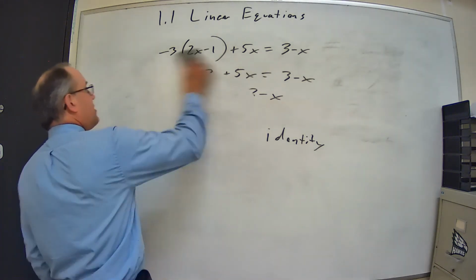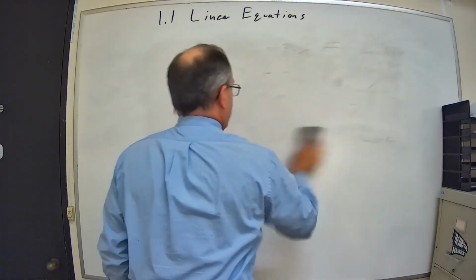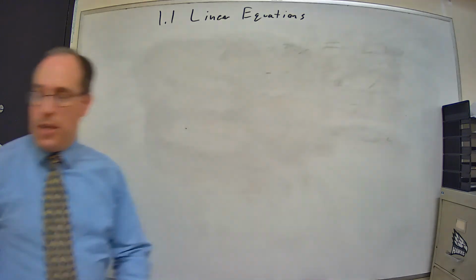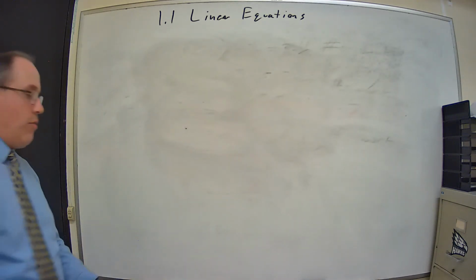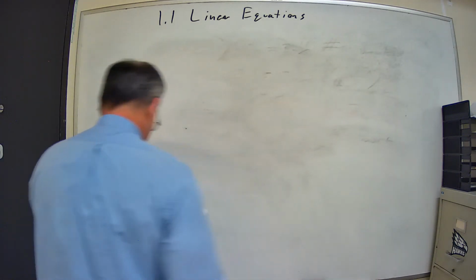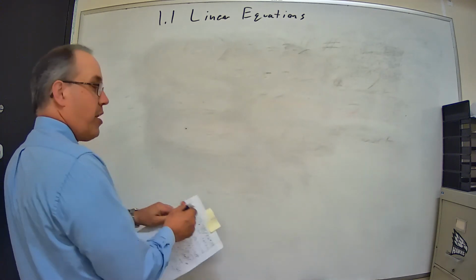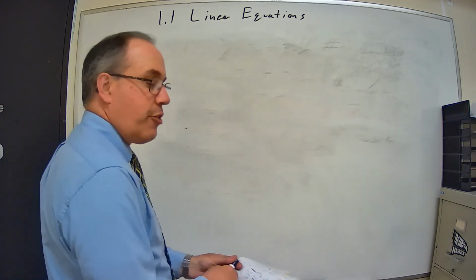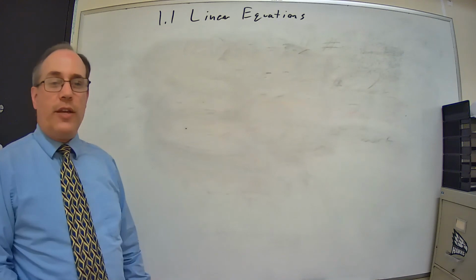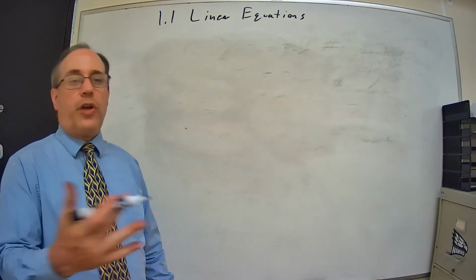Okay, one last thing that I want to include in this. Let's solve for a specific variable. So solving a literal equation. A literal equation just means you've got variables equal to other variables.